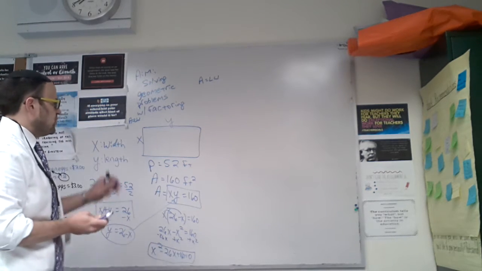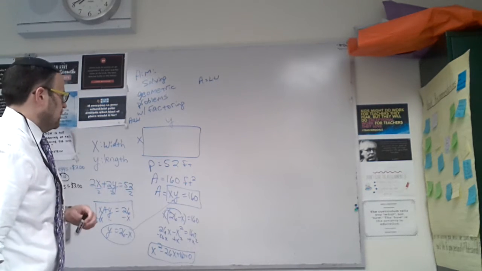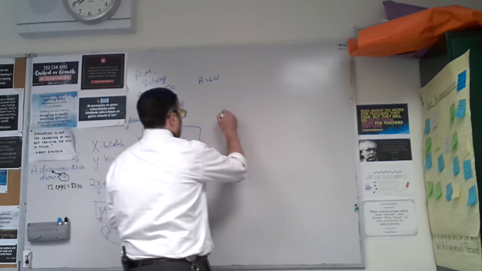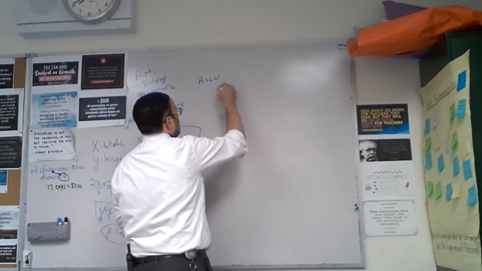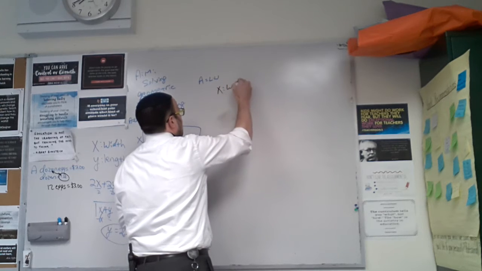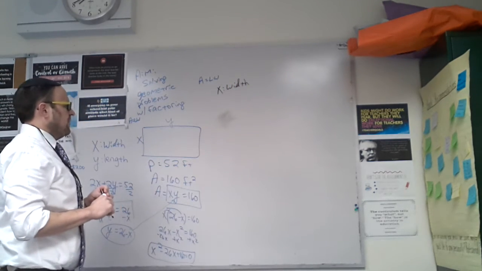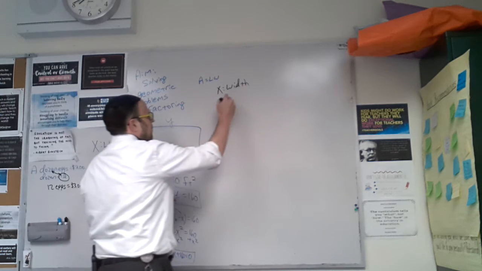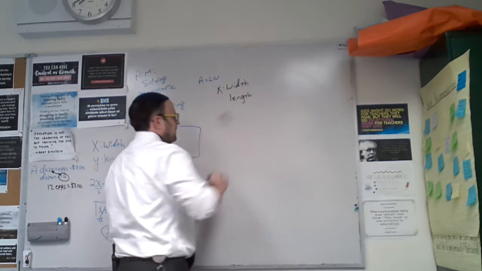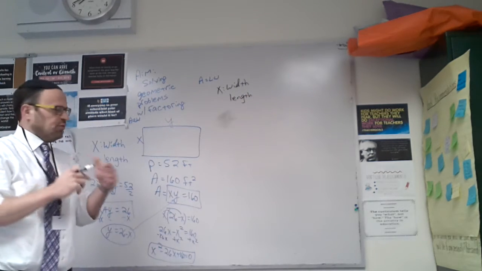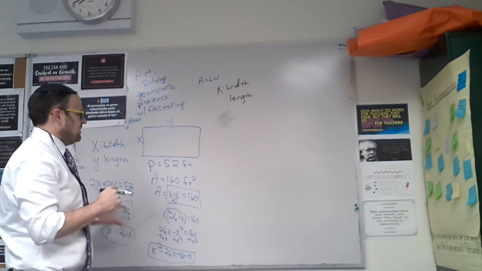Now, for those of you that don't want to use two variables, that is fine. But then what are your options? Still start out with x as the width. But now what? What are you going to do for the length? Now, some of you might be thinking through this already, and you'll realize that whatever we're about to do is, of course, related to this.